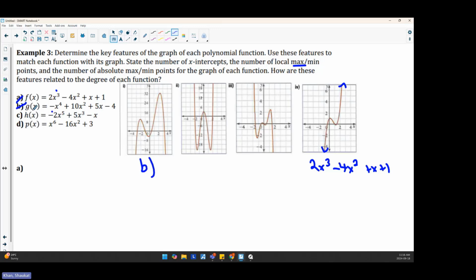All right, so we're done A and B, and then we're left with C, which is x to the power 5. So that's odd. We know 5 means it could be 0, 2, or 4 turning points.